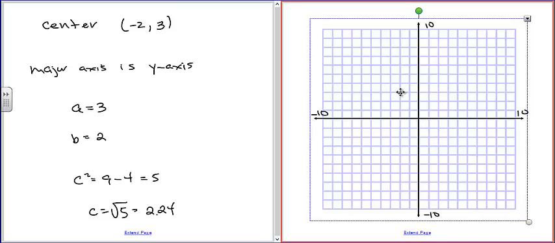There's the center. The major axis is the y direction, so we're going to go up 3 units. 1, 2, 3. Down 3. The foci are 2.24, so we go up 2.24, which is about 2 1/4. Down 2.24. The minor axis is 2, so we go right 2, left 2.